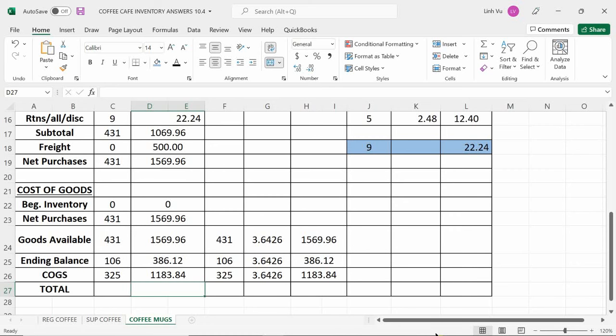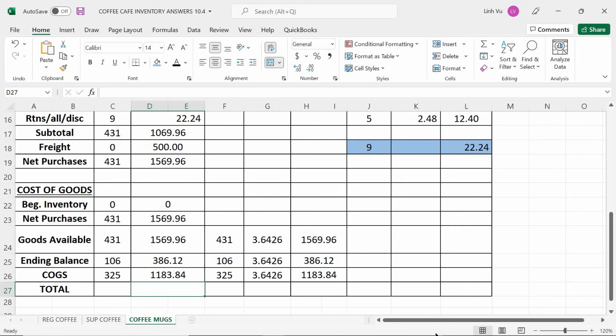So it's whatever you want to do. In this case, I checked it just to make sure the calculation was correct. So there is my ending balance and my total cost of goods sold.